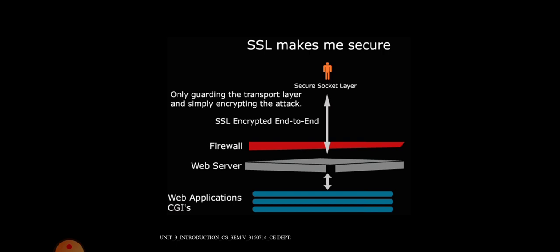Here we see in the figure, Secure Socket Layer, SSL, is used for web security, guarding the transport layer and encrypting data. The identity of communicating parties can be authenticated using public key cryptography.